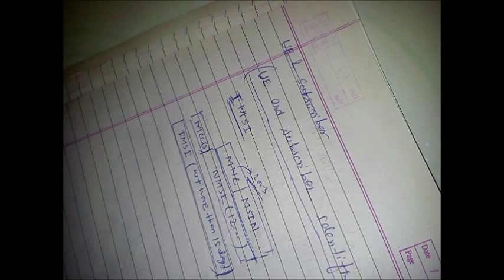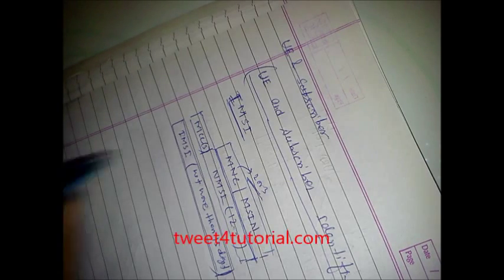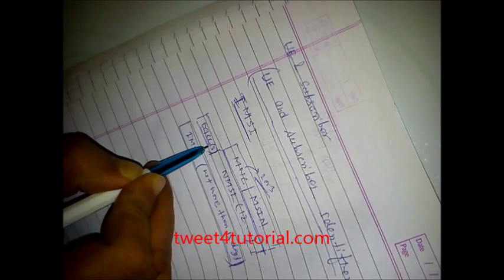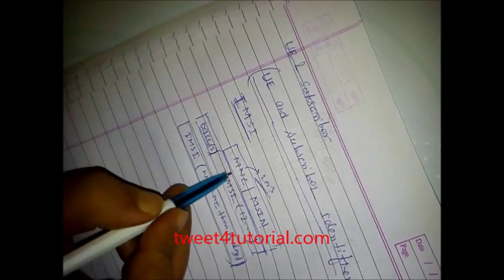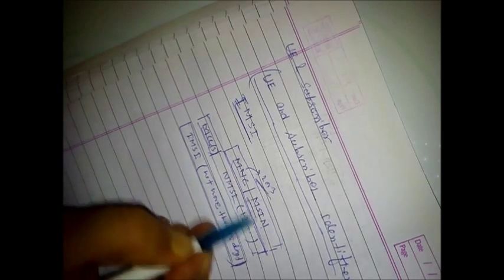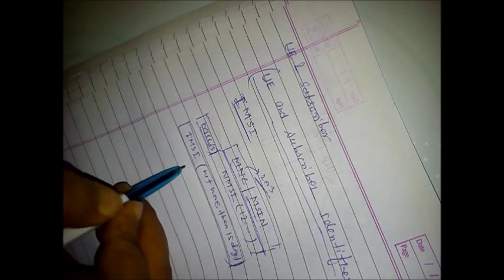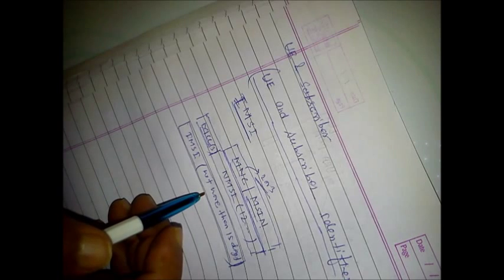IMSI is not more than 15 digits and consists of three entities: mobile country code (MCC), mobile network code (MNC), and mobile subscriber identification number (MSIN). The 3-digit MCC identifies the country where the user subscribes to the network.